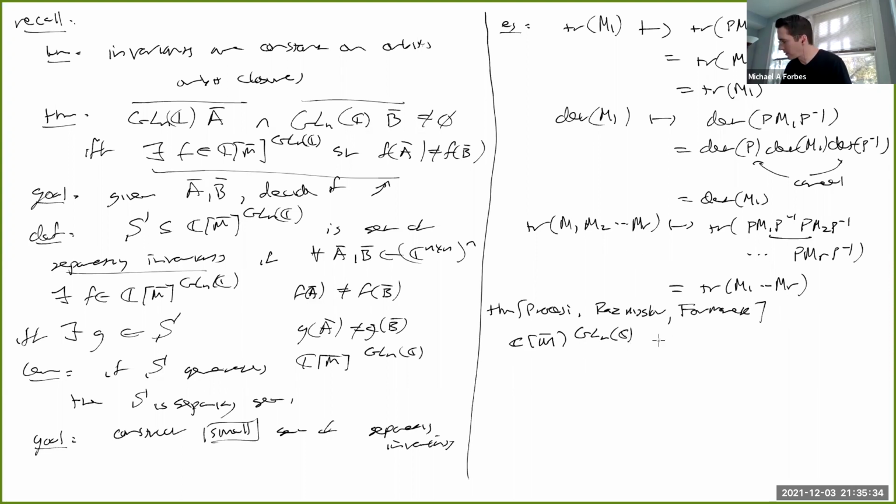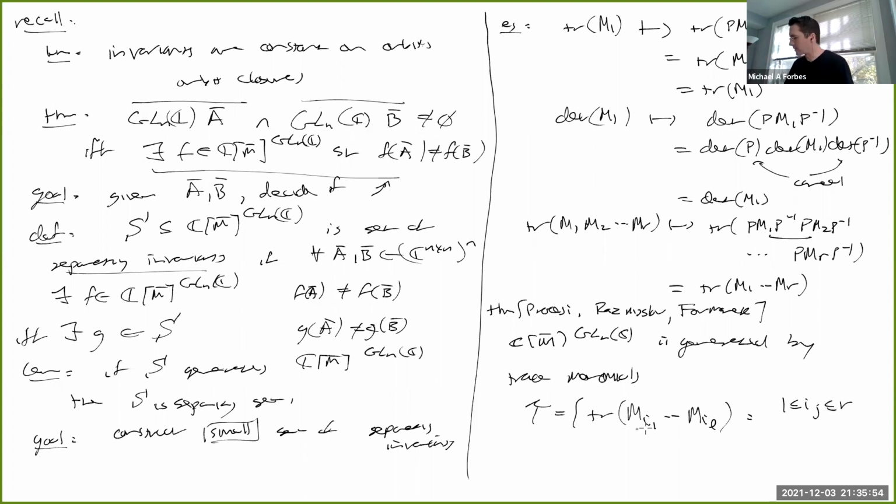So the ring of invariants is generated by the trace monomials, which I'll call curly T, the trace of M_{i1} up to M_{iL}, where each i_j is between 1 and r. So each of these is just some matrix in our tuple, and L is at most n squared. Okay, so this is some finite set of trace monomials, which generates the entire ring of invariants. And in particular, it's exponentially large.